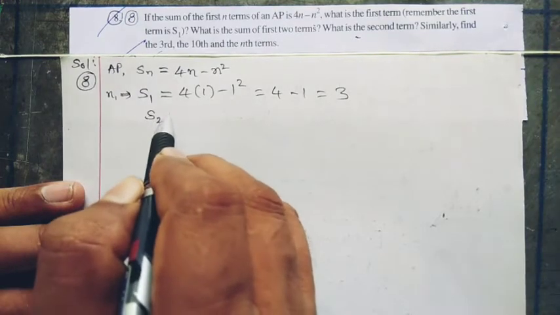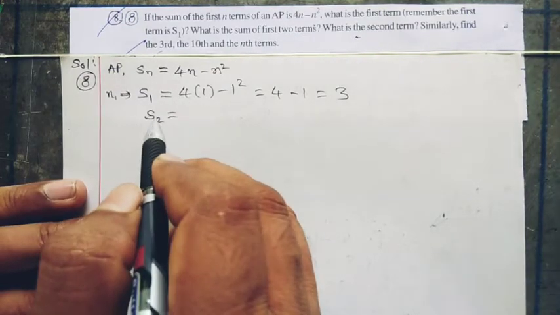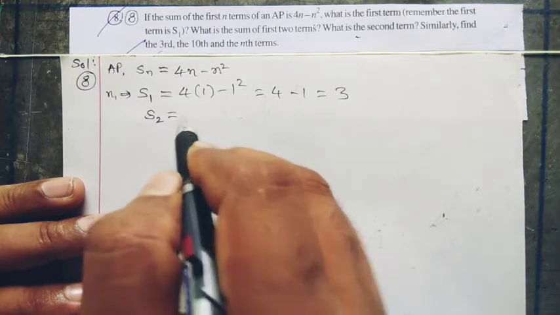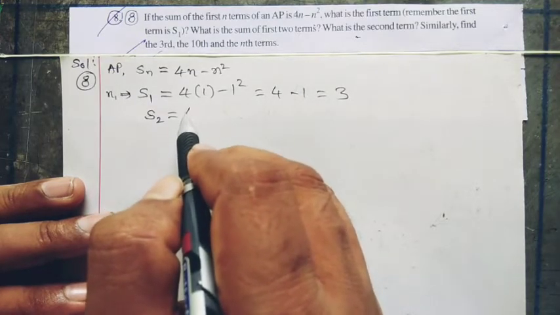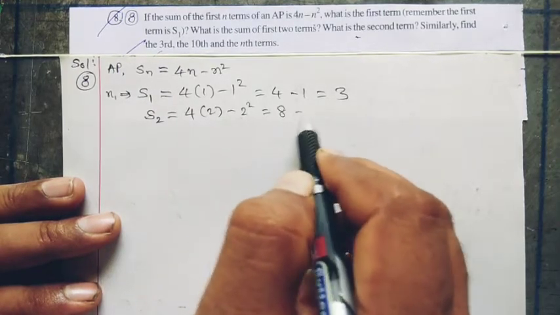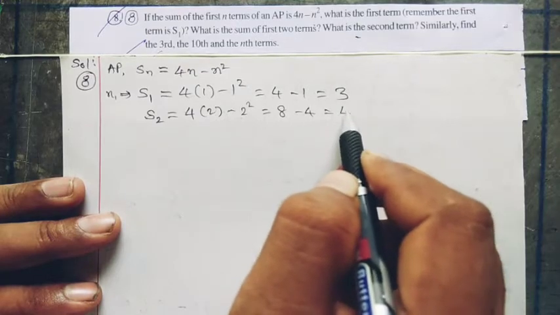Next S2, sum of two terms: 4 × 2 - 2² = 8 - 4 = 4.